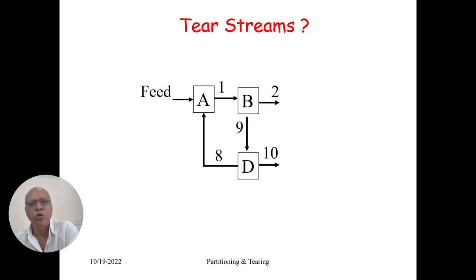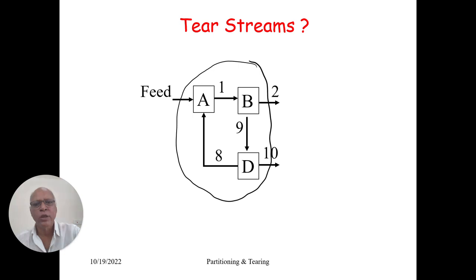Now, if you try to draw an envelope across all these blocks, you can see there is only one input stream, which is designated as feed here, and there are two output streams, 2 and 10. So if you want to solve this problem, we need to define feed stream, equipment parameters, and operating conditions for these three units, A, B, and D. Given this information, you should be in a position to solve 2 and 10.